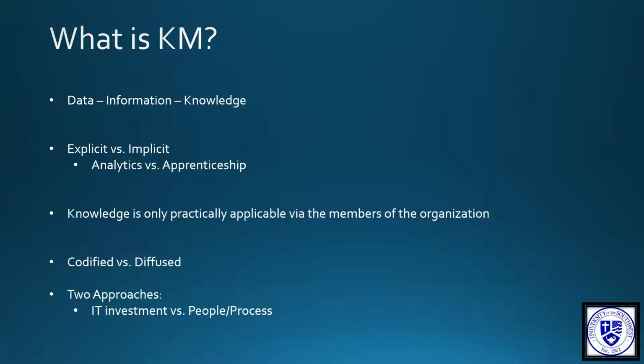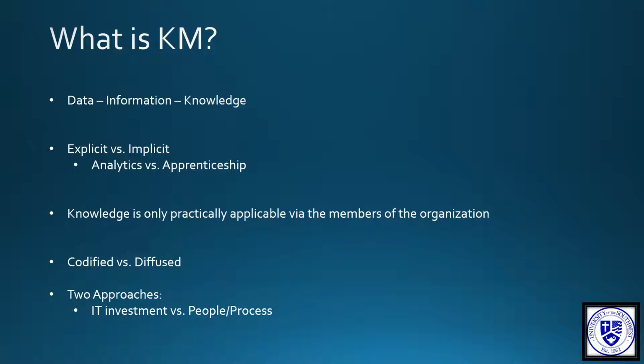Knowledge is the benefit, the value that we gain from innovation and change. It's the tangible, valuable asset that we can use within the organization to get better and improve and focus on continuous improvement.